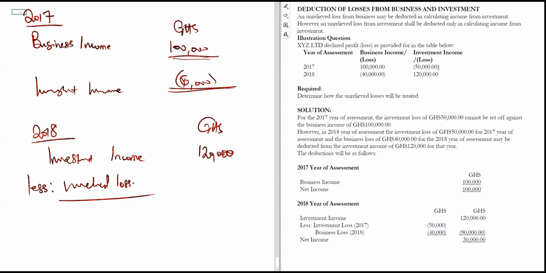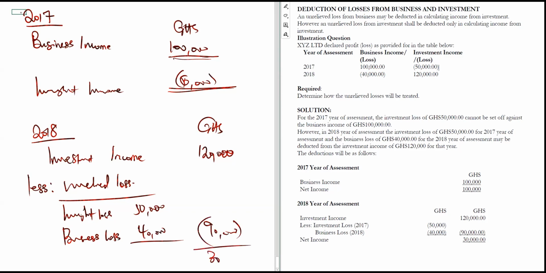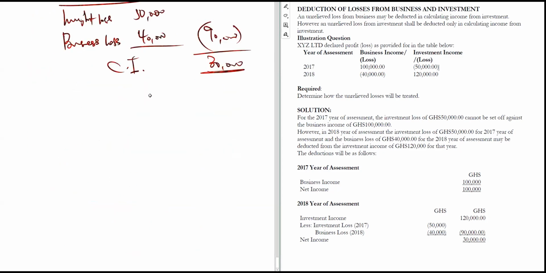Last year's investment loss was 50,000, and there's now a business loss of 40,000. So the two can be deducted from the 120,000, making 30,000 our chargeable income. Okay. So this was all about losses from business or investment.